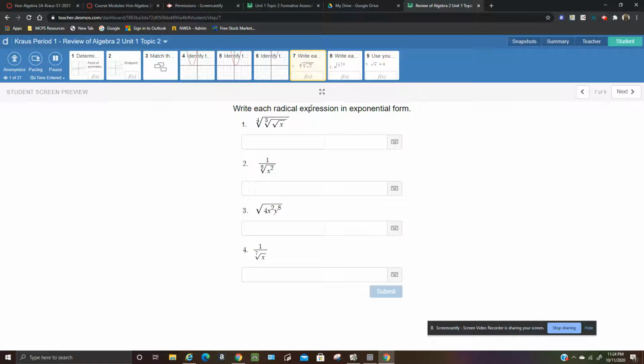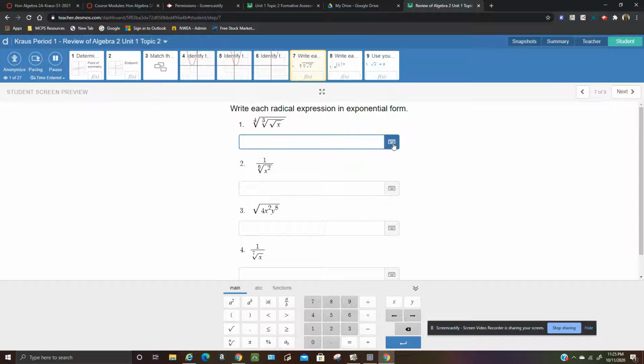Write the radical expression in exponential form. So this is the fourth root of the cube root of the square root. So this is x to the 1/2 times 1/3 times 1/4. So let me use the keyboard here.